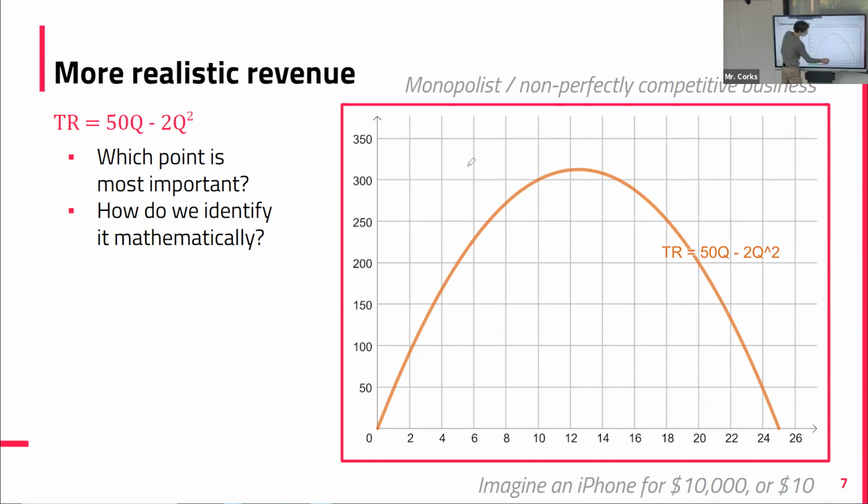So this point where Q is about 12, then we get this point here. It's the maximum. That's the highest possible total revenue. That sounds pretty good if we're running a business, the most amount of money that we could earn. How do we identify that point mathematically?